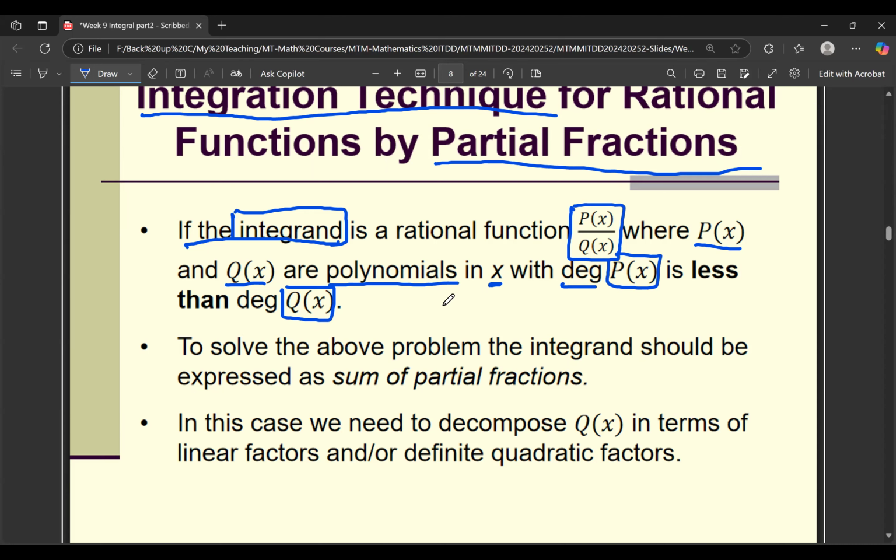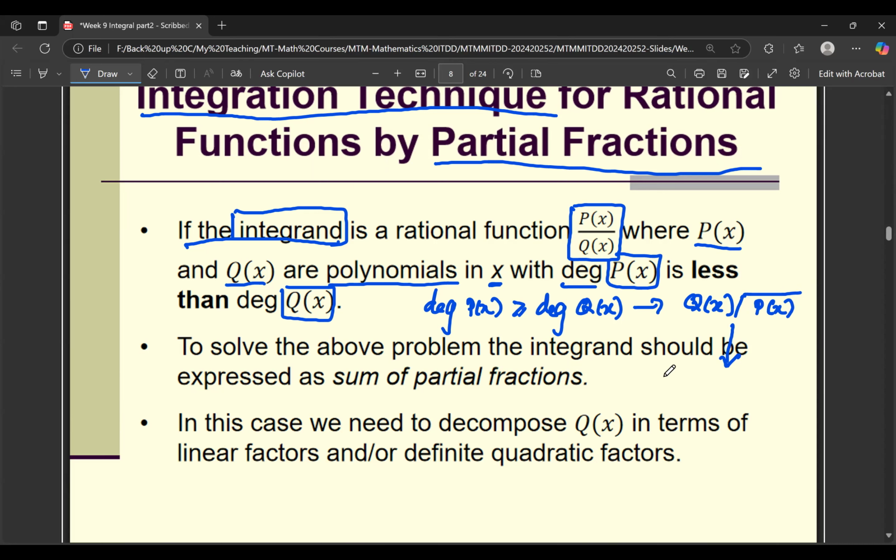What happens if the degree of p(x) is, for example, greater than the degree of q(x)? If this case happens, we must divide first, as we did in the last slide. p(x) divided by q(x).